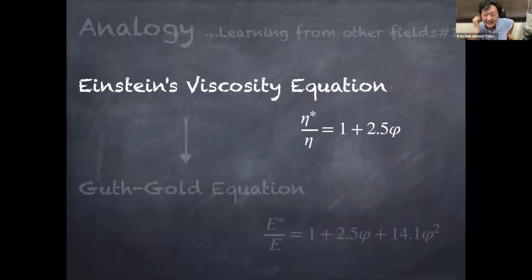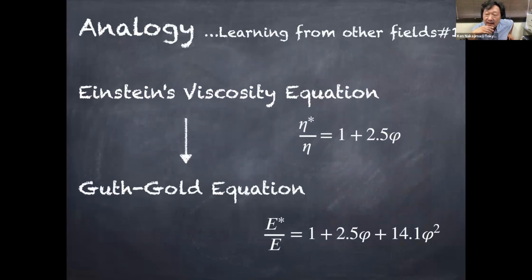But anyway, later on, some other researchers learned about his equation, then just imitated his derivation process and applied it to a different field. So if the small particle is added into the liquid medium, then its viscosity increases.